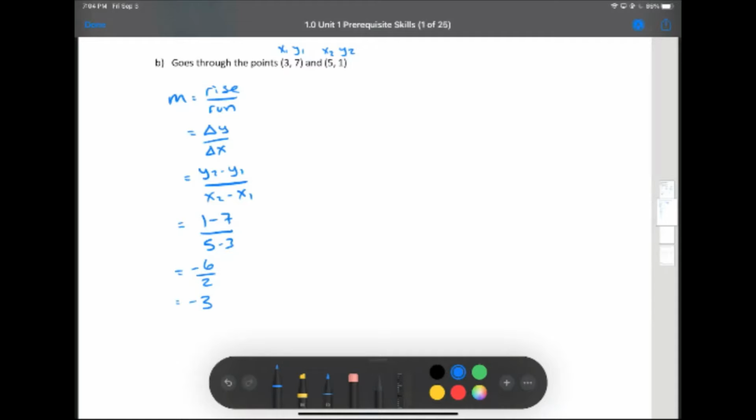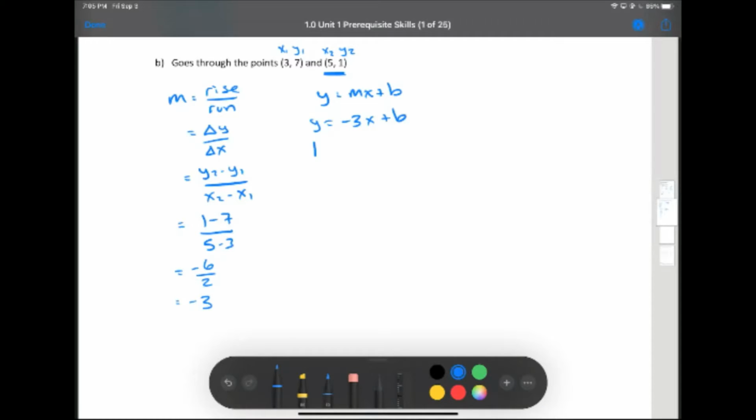Once I have that, I go back to do exactly what I did last time. y equals mx plus b. Plug in my fancy new slope of negative 3. Pick a point, any point. It doesn't matter which one you do. I am going to choose 5, 1 because the numbers are a little bit smaller, and I think it will be a little bit prettier, but it'll work out either way.